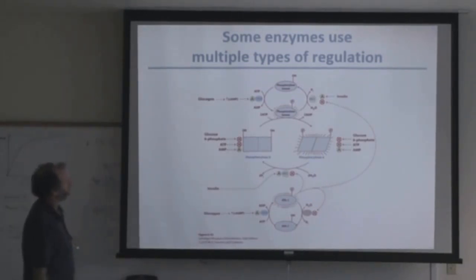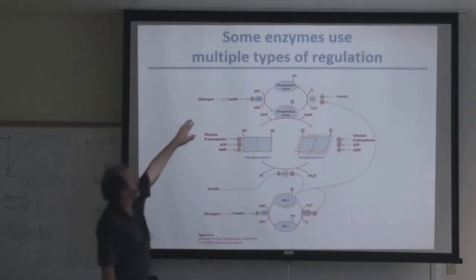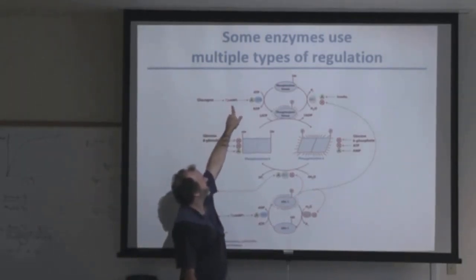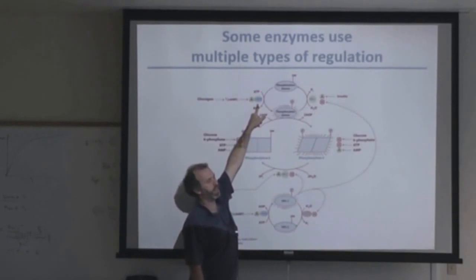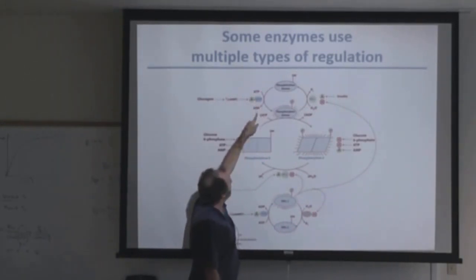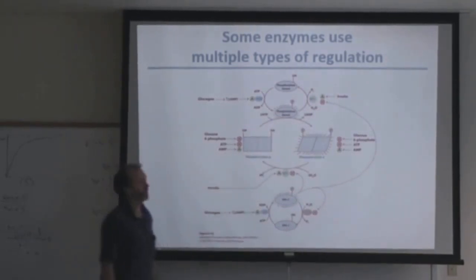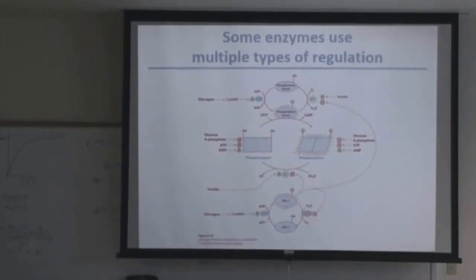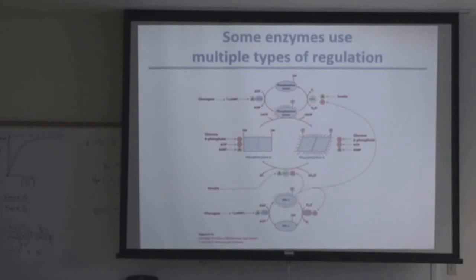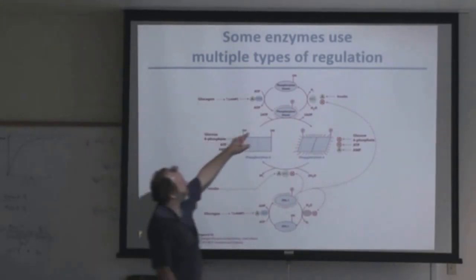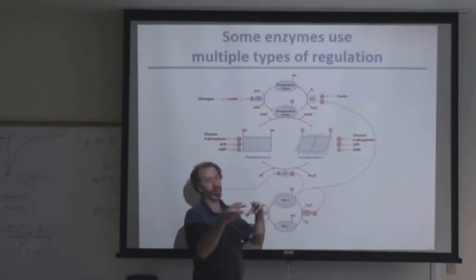So glucagon will increase cyclic AMP, which will then activate protein kinase A, which phosphorylates phosphorylase kinase. Phosphorylase is an enzyme that breaks down glycogen, basically in the muscle.